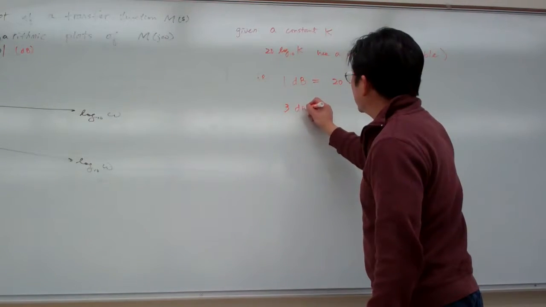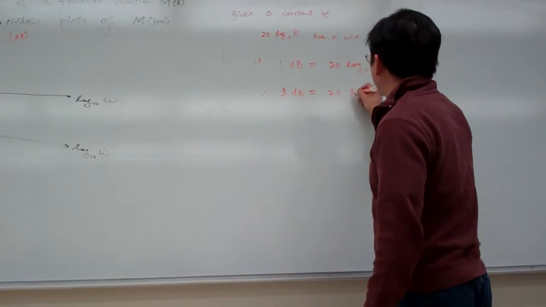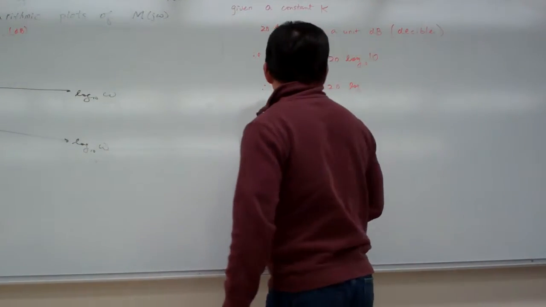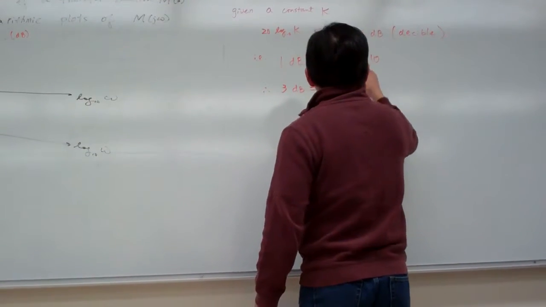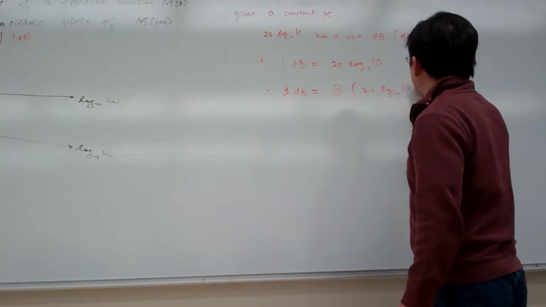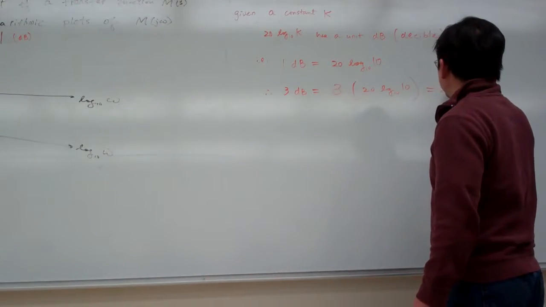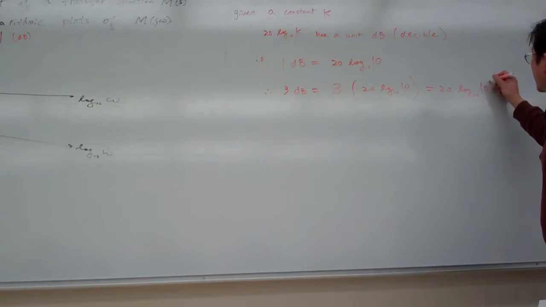So 3 dB will be equal to 20 log, 3 times of this one, 20 log 10, right? And basically this one is 20 times log 10 of 1,000, right?